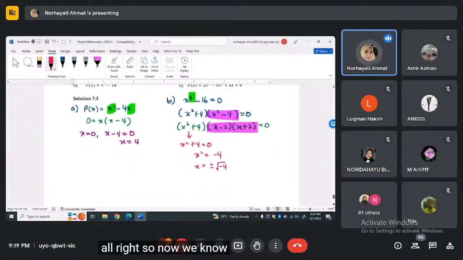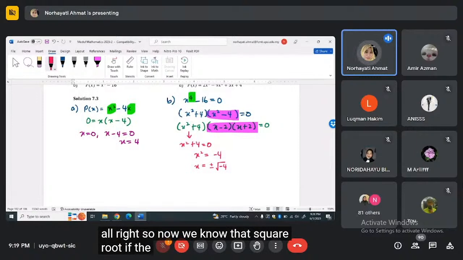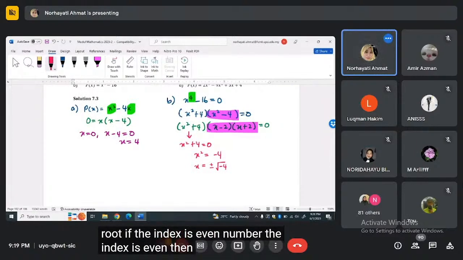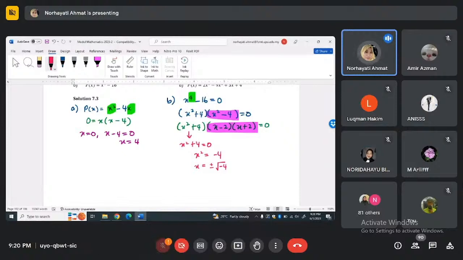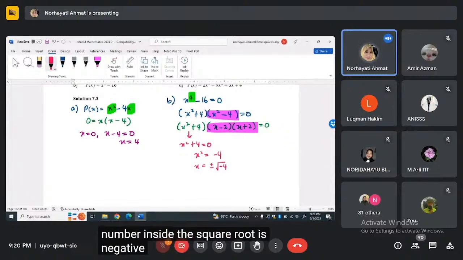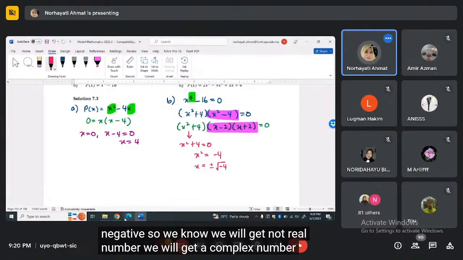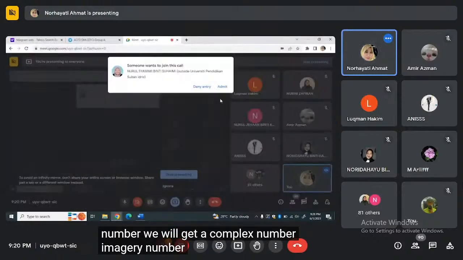So now we know that square root, if the index is even, and if the number inside the square root is negative, so we know we will get not real number. We will get a complex number, imaginary number.